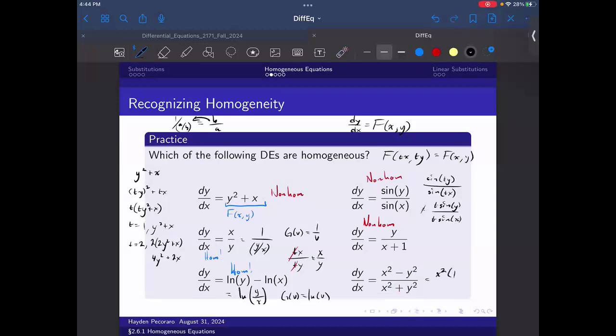Well, I get x squared times 1 minus y squared over x squared times 1 plus y squared over x squared. These cancel, and now that is y over x squared. So g for this one is 1 minus v squared over 1 plus v squared. Okay, so that one is homogeneous.